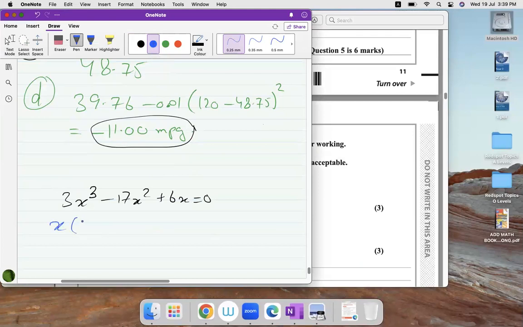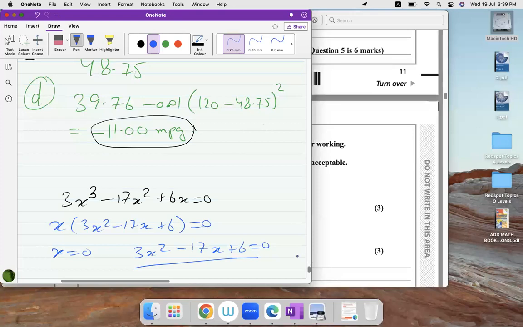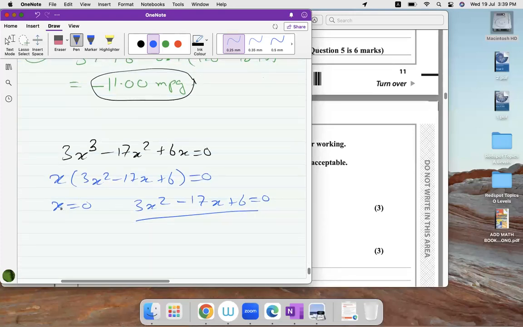Taking out x as common, this is x times (3x squared minus 17x plus 6). So x equals 0, and 3x squared minus 17x plus 6 equals 0. Now the choice is yours, either middle term breaking or the quadratic formula. So you will have all three solutions for x.